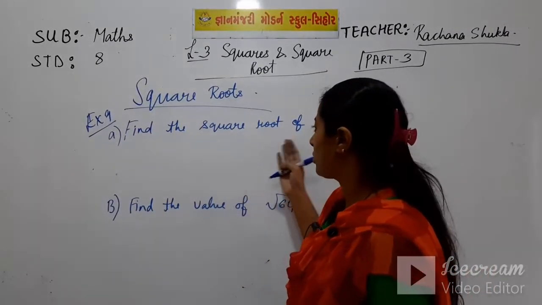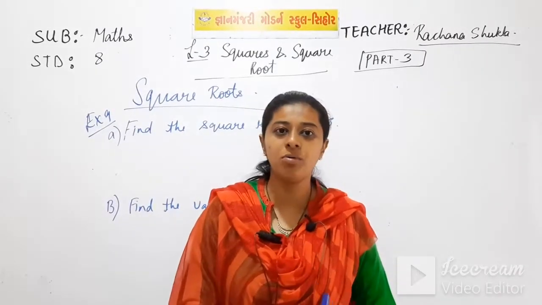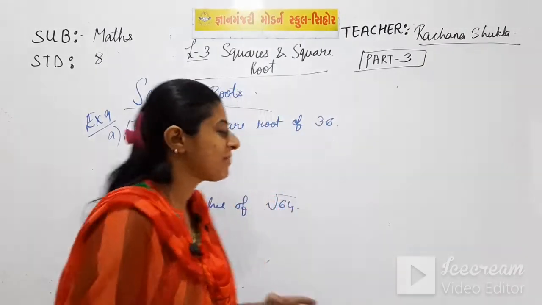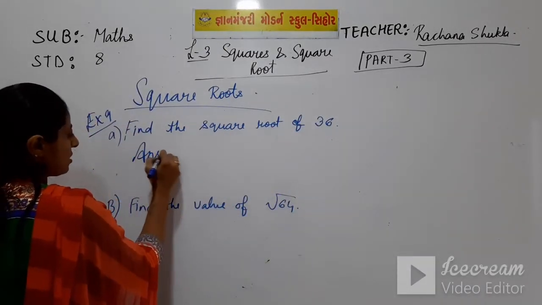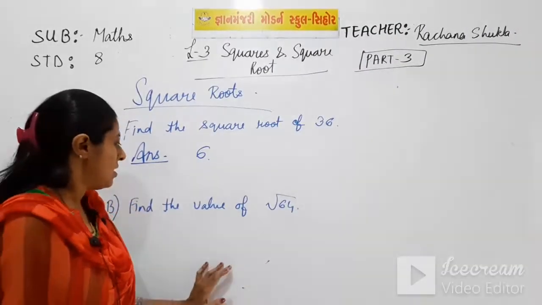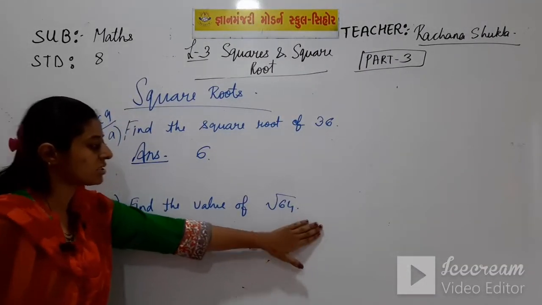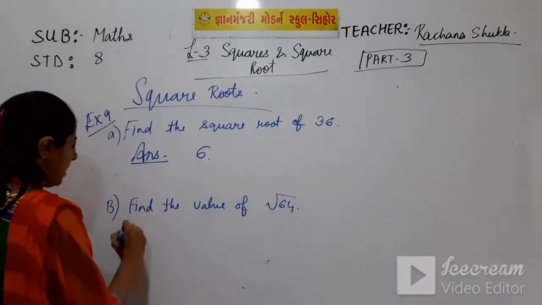Find the square root of 36. All of you know the squares and square roots you have learnt from 1 to 20. So the square root of 36 is 6. Your answer is directly 6. 6 6s are 36. Then the value of root 64, that means square root of 64, is 8.